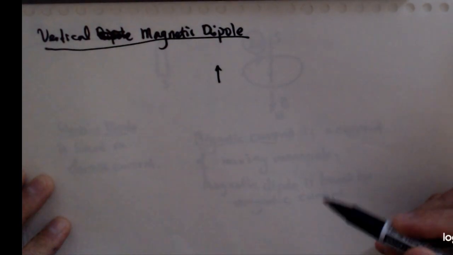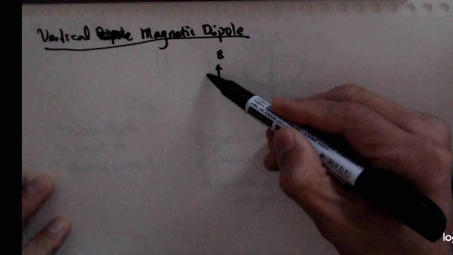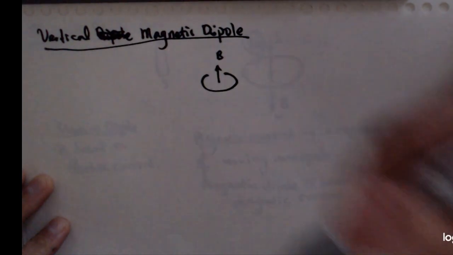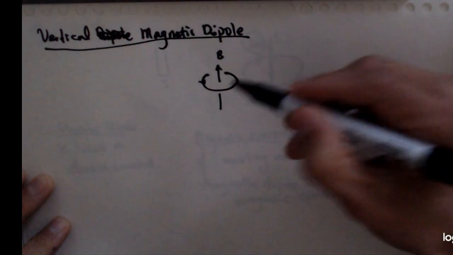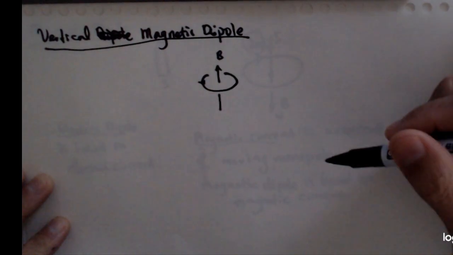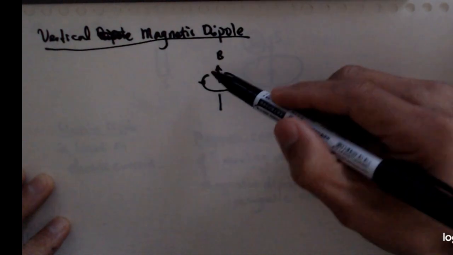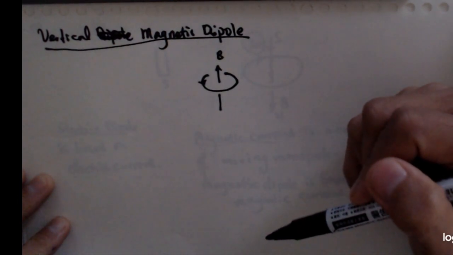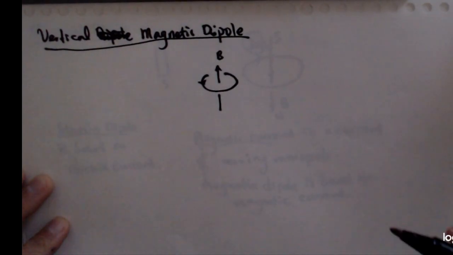In order to produce such a magnetic pole, you have to have a loop of current. So in this case, the current will be like this, by the right hand screw rule. If the current is an AC current, in the positive half cycle it is anti-clockwise. In the negative half cycle, it might be in a clockwise direction, and that's how we produce the so-called magnetic dipole.